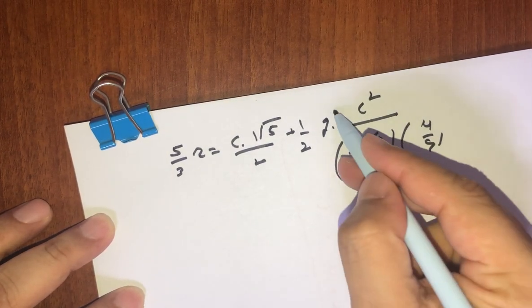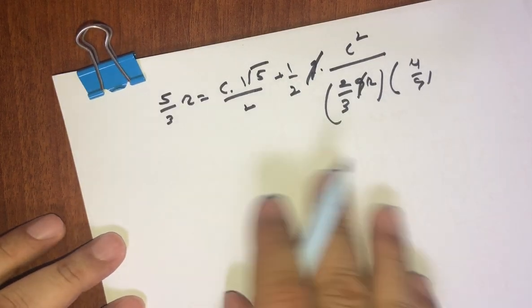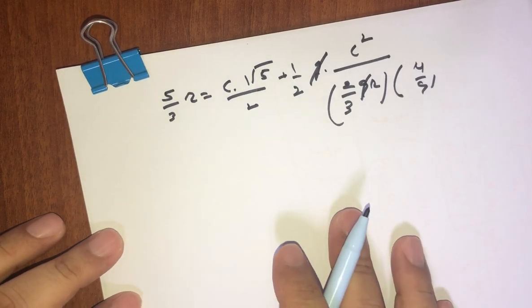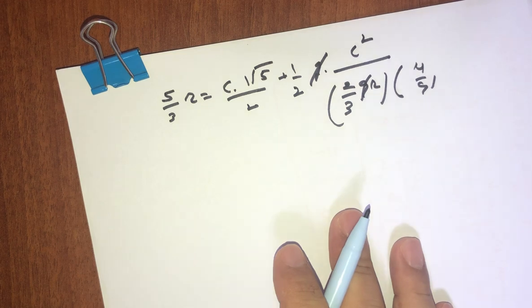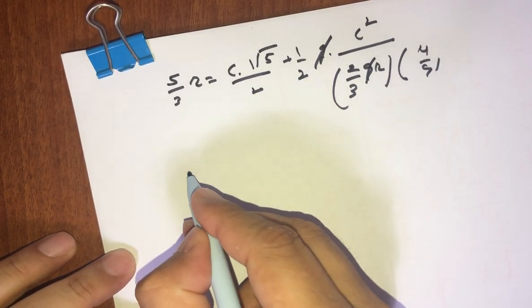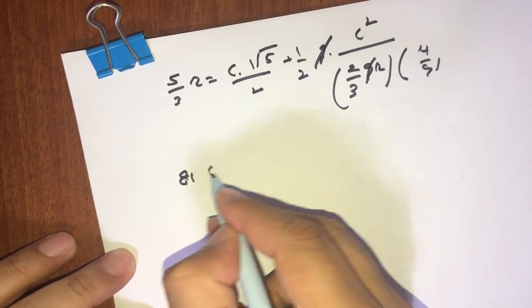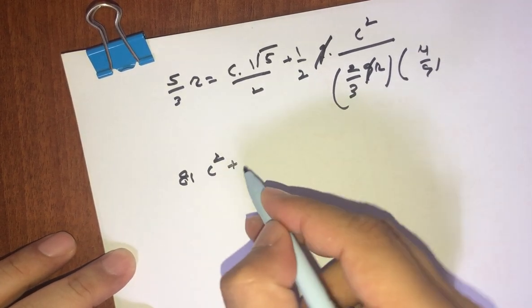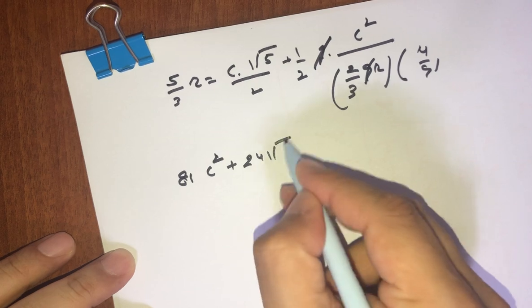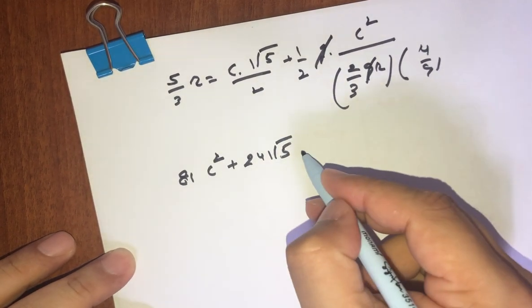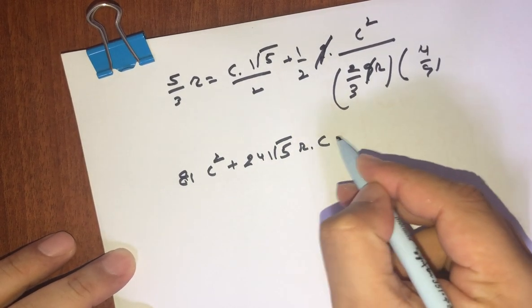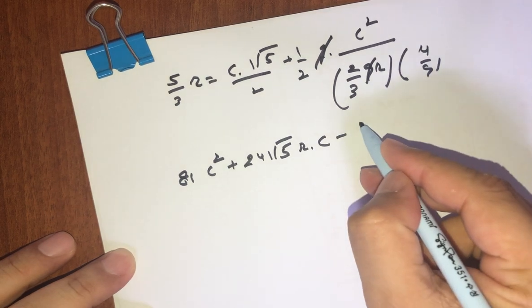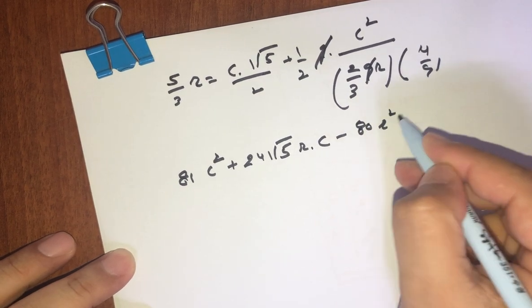Here g cancels out with this g, and this will be coming as a quadratic in c. So we can write this as 81 c square plus 24 square root of 5 r multiplied by c minus 80 r square is equal to 0.